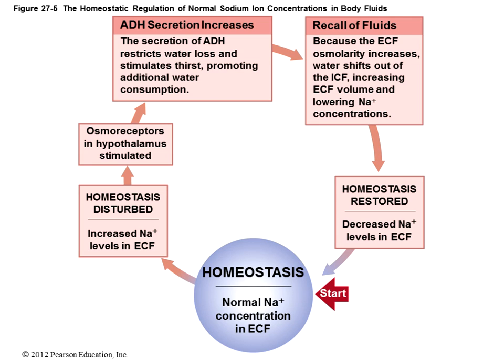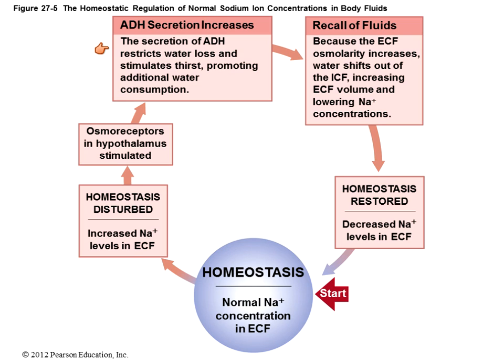Now, to regulate those normal sodium ion concentrations, we have some players here that we've already talked about. So let's pull out the old pointer. Normal sodium concentration in your extracellular fluid. If that homeostasis is disturbed, and let's say it is disturbed because we have an increased amount of sodium in our extracellular fluid, then your osmoreceptors in your brain are going to be stimulated to release antidiuretic hormone.